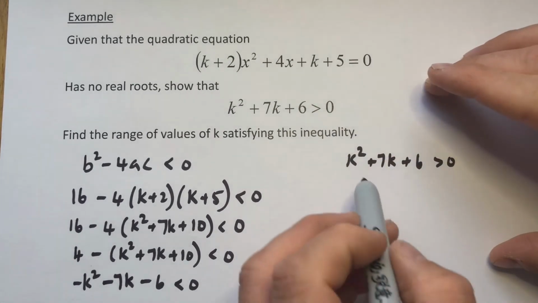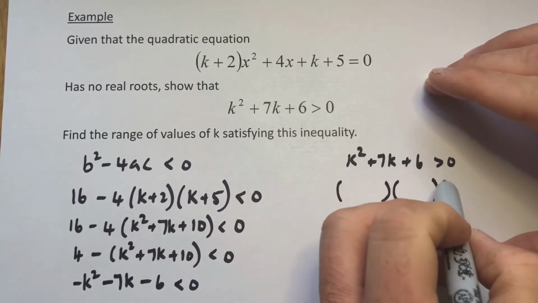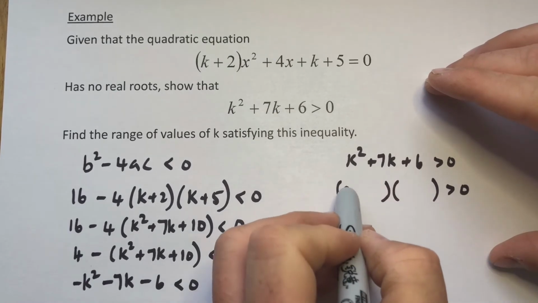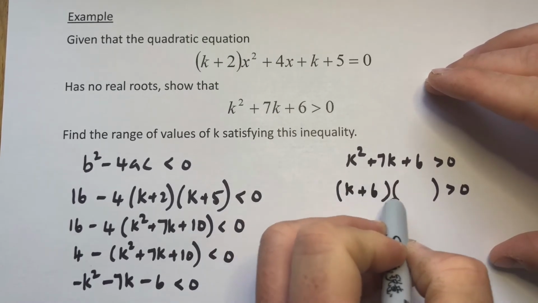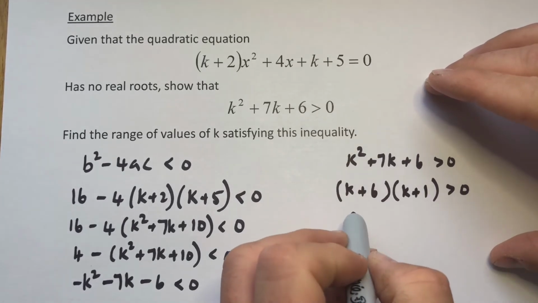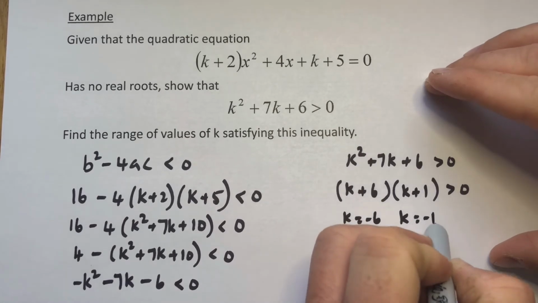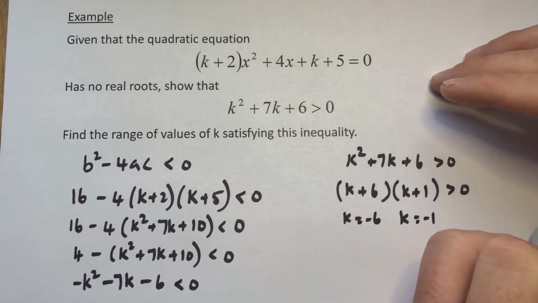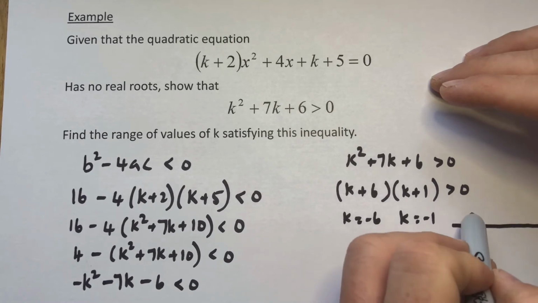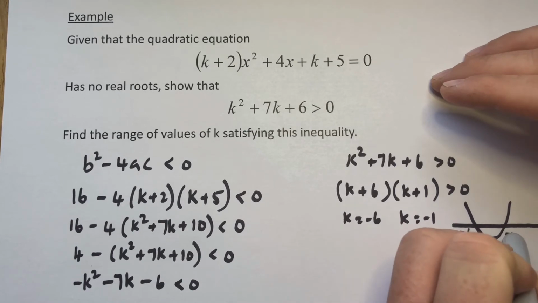Proved. To find the range of values for k, we then continue from that and, in this case, factorise with plus 6 and plus 1. So we've got critical values at minus 6 and minus 1, which we know from our GCSE days that if I put them on an x-axis line with the curve in, minus 6 is there, minus 1 is there.